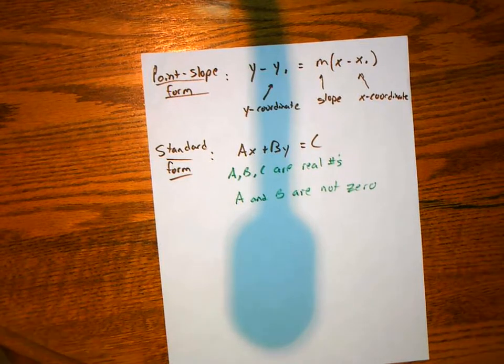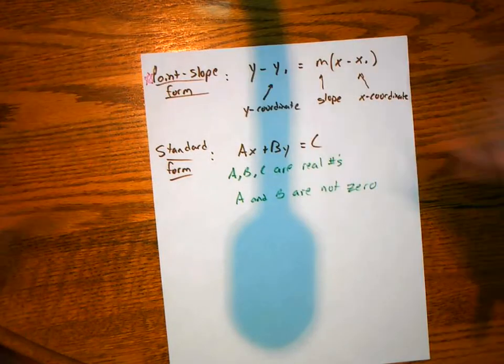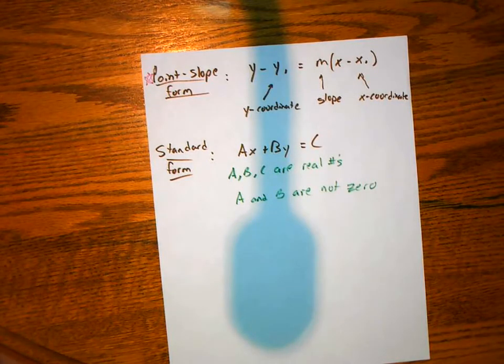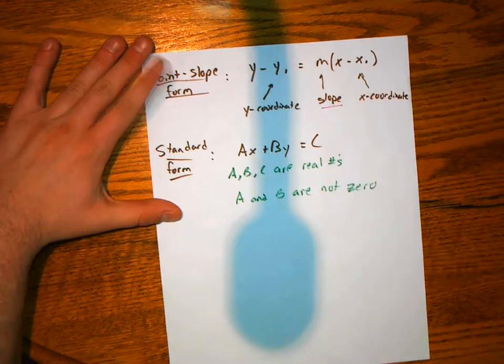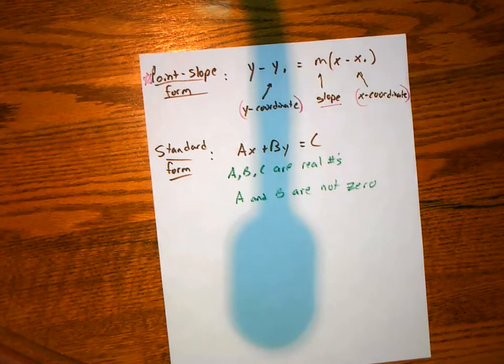Now, point-slope is probably the most useful, or at least in my opinion the easiest one, because you need to use the least math in order to write an equation for it. All you need is a slope, again just like the last one, and an x-coordinate and a y-coordinate. It doesn't have to be the y-intercept. It could be any point along the line. That's why it's called point-slope.